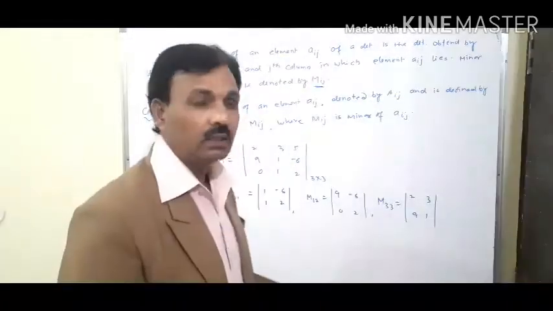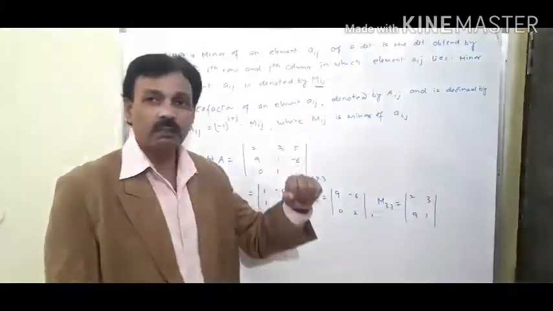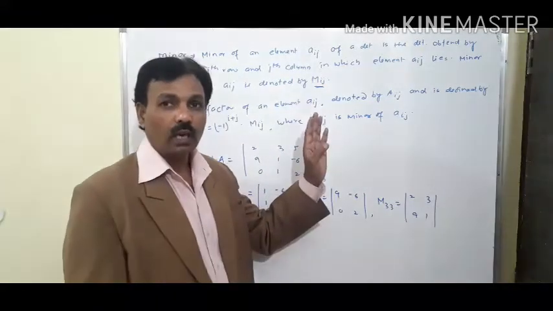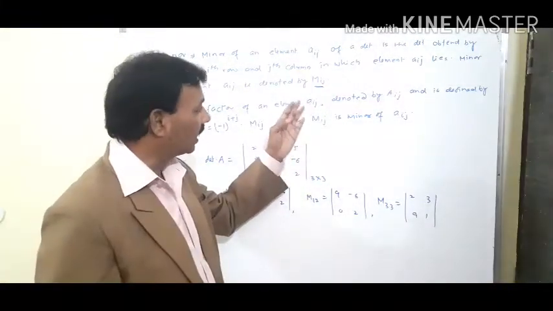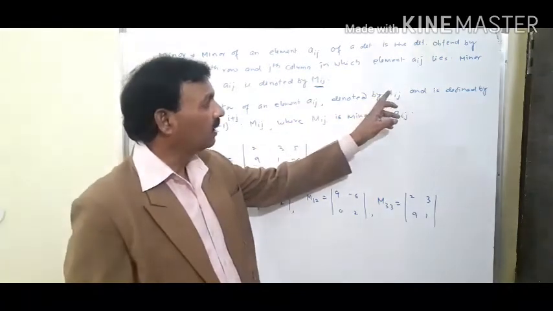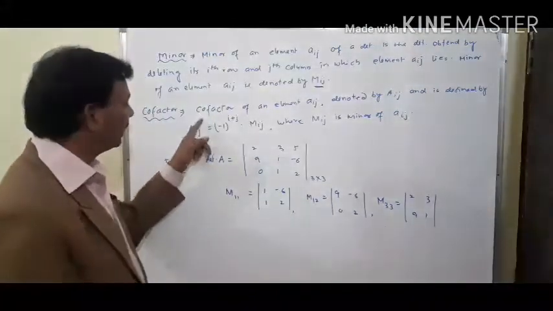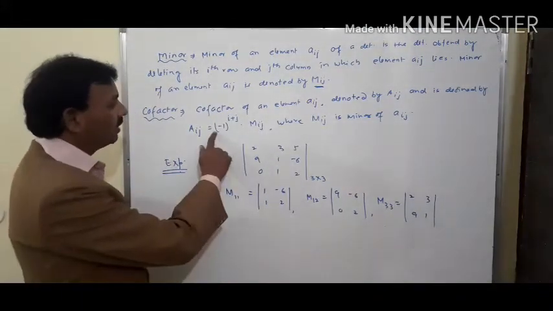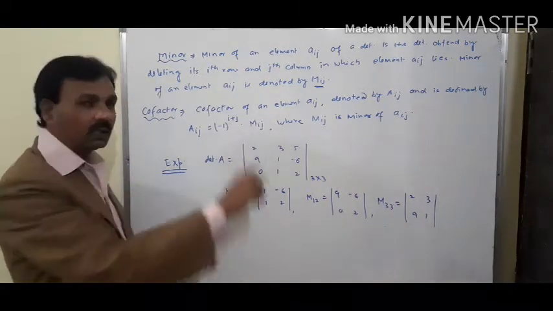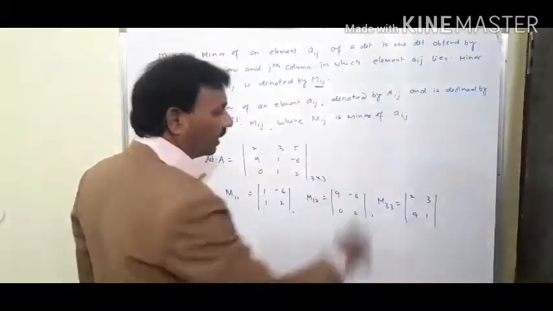Capital Aij means the cofactor of small aij, where small aij is the element of the ith row and jth column. The cofactor is given by Aij equals minus 1 raised to the power i plus j into the minor of that element, Mij, where Mij is the minor of aij.